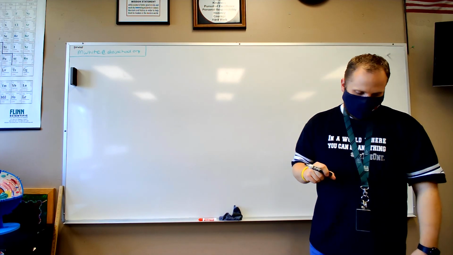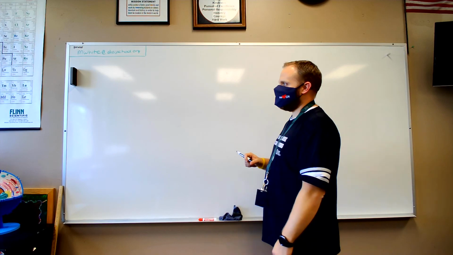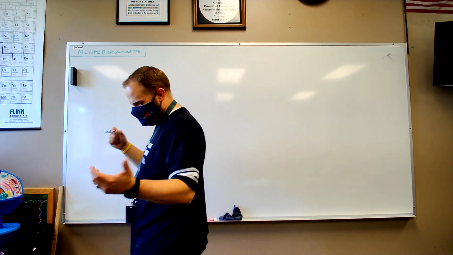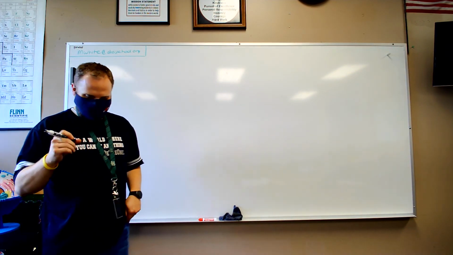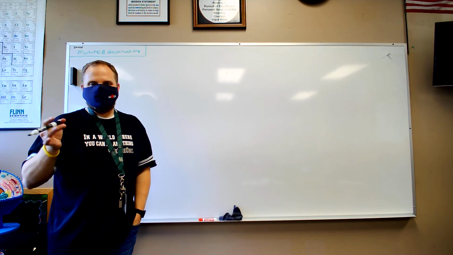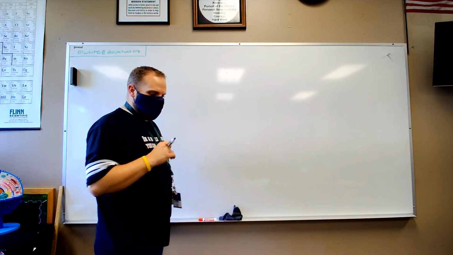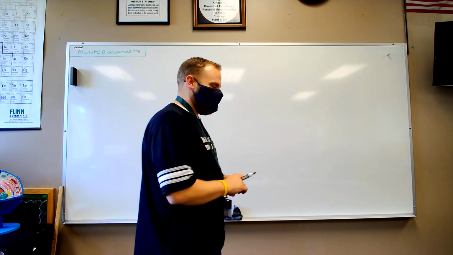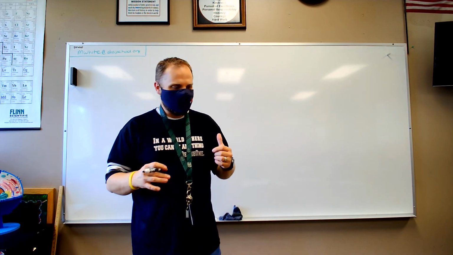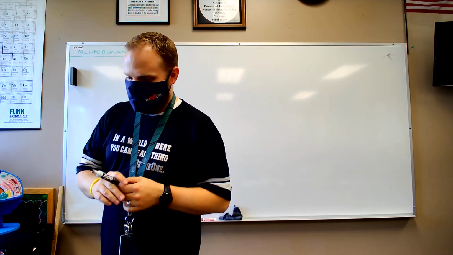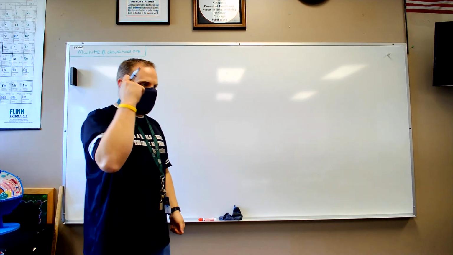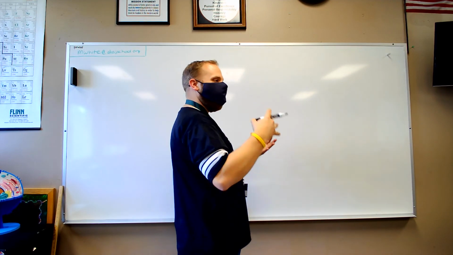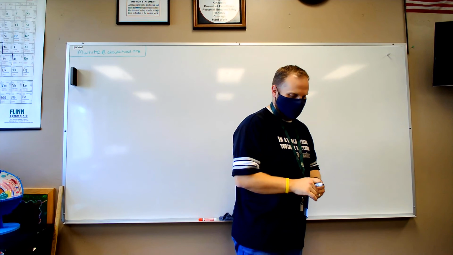Okay. So, same thing, just a different name. But what it is, we take the chemical symbol for whatever element we're dealing with, and we put dots around the outside to show how many valence electrons there are.